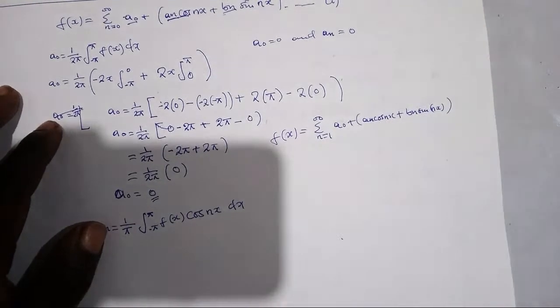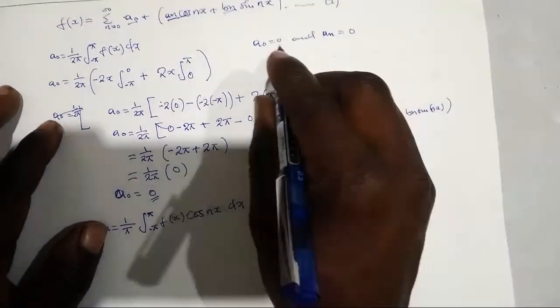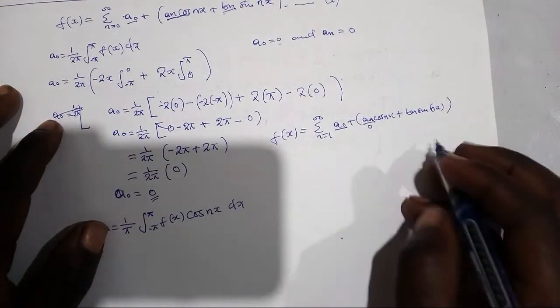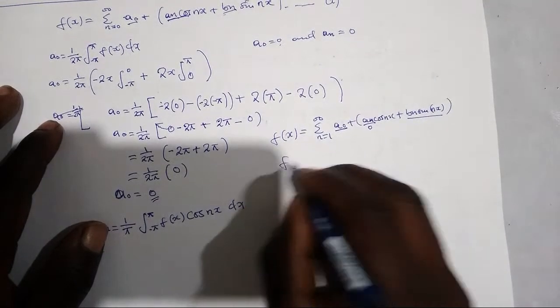Then you close bracket. Now we have found these values. Here we have 0, then here we have 0 also.